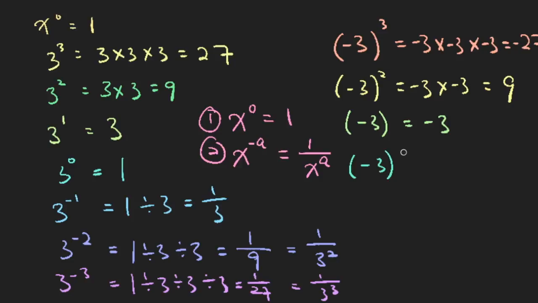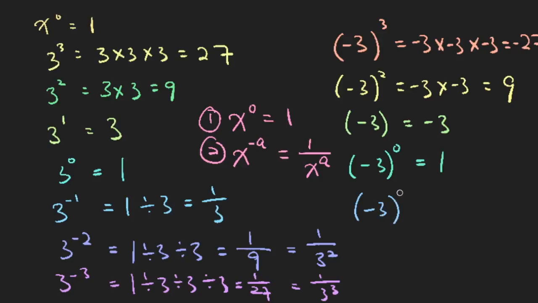Negative 3 to the power of 0 is equal to 1, because this number divided by negative 3 will give you 1. Every single row, you are dividing by negative 3. So negative 27 divided by negative 3 will give you 9. 9 divided by negative 3 will give you negative 3. Negative 3 divided by negative 3 again will give you 1.